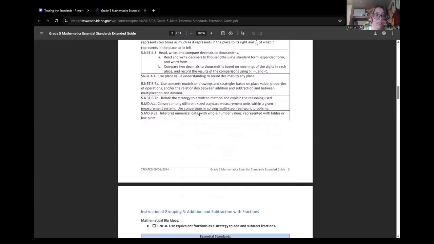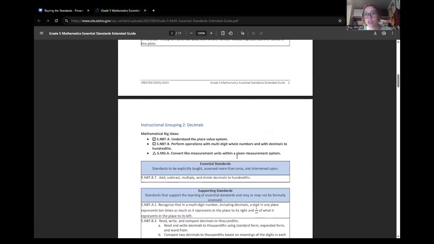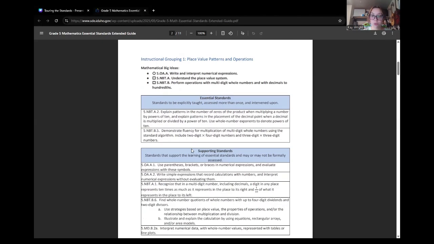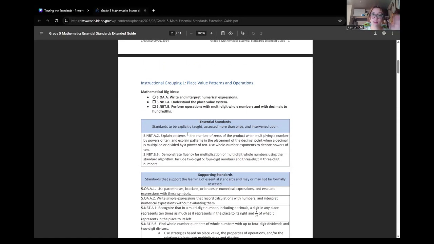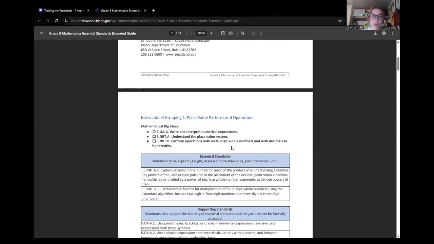MD is measurements and data, and then there's GA and GB down below, which is going to be geometry clusters A and B. And when you see the 5, that represents fifth grade. So, for example, this one here would be fifth grade operations and algebraic thinking cluster A, and that would be to write and interpret numerical expressions. So cluster A will be the setup for each different grouping.